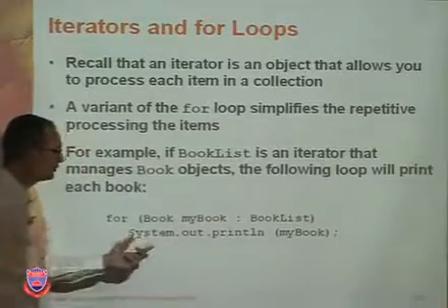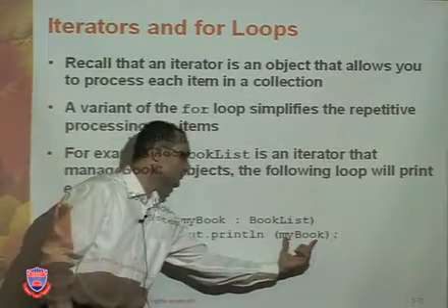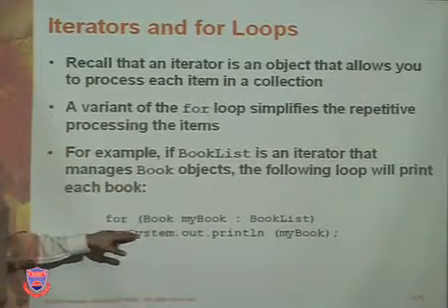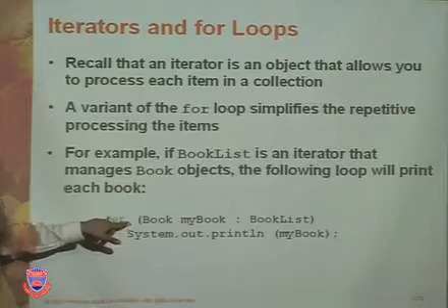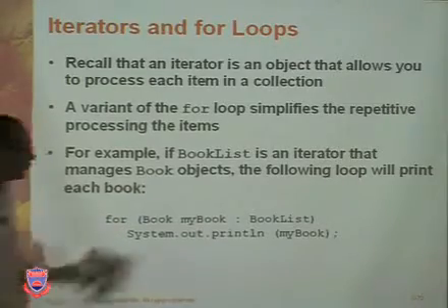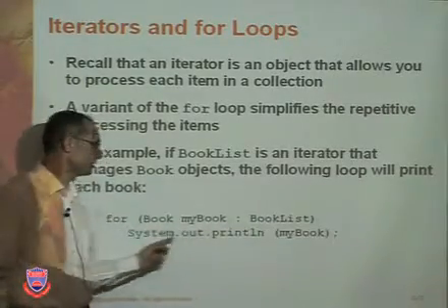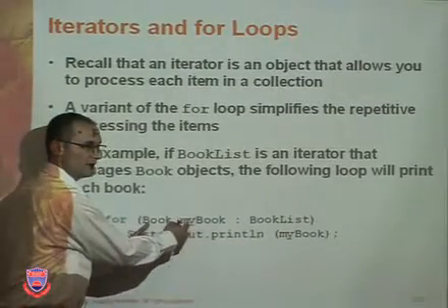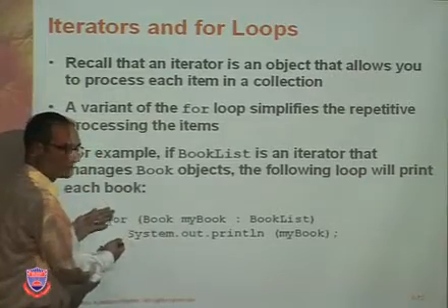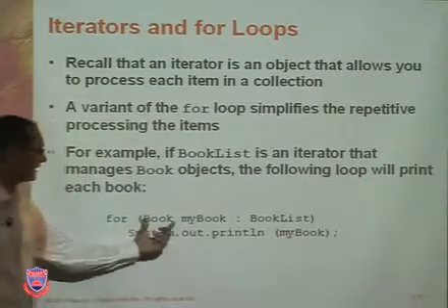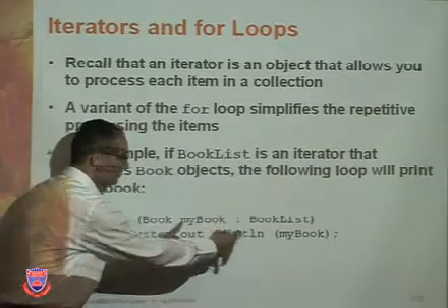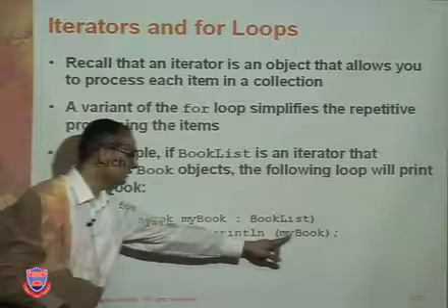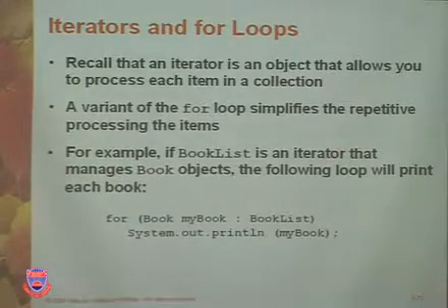So you will be able to iterate through the book list one by one using this iterator. What was this loop called, if you remember? For each loop, right? So for each book in your book list, you're going to print it on the screen. This is a variable which is defined only within this loop, and that's type book, and your variable is my book. When you iterate through the book list, you pick those books one by one and print them on the screen. Okay?